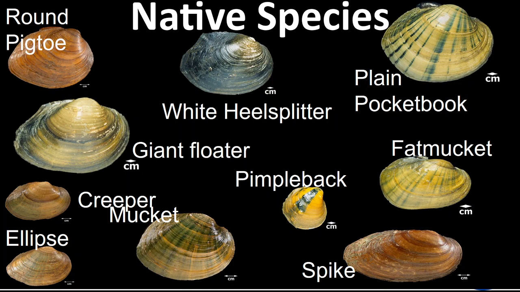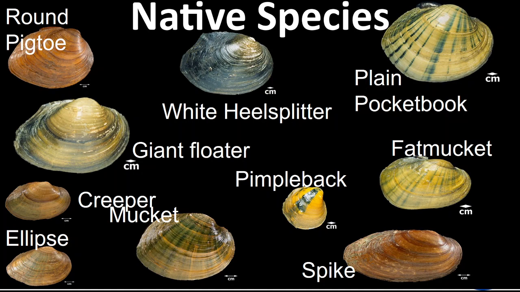A lot of the ways that we can tell the difference between mussels is by their shape. The color is a little bit more variable. And also, you'll notice that if you go out and look at these in the wild, the shells range from really heavy, really thick, to really, really thin.